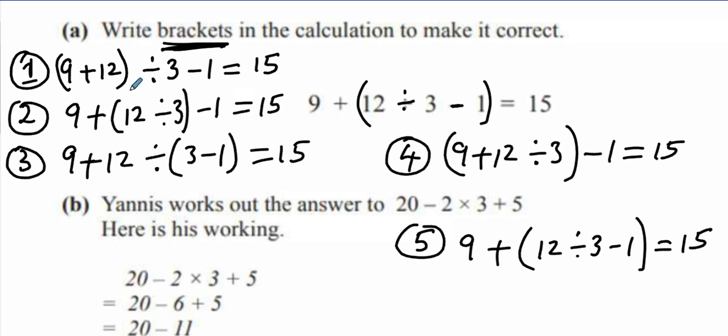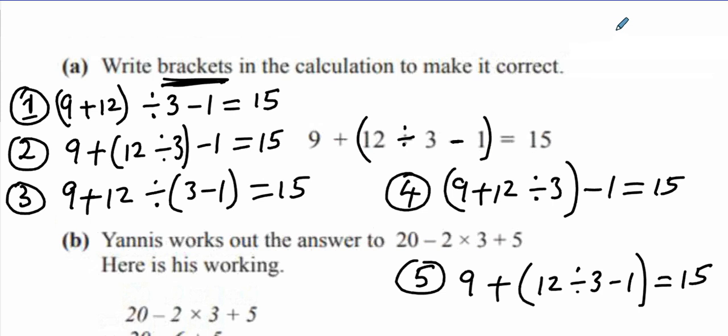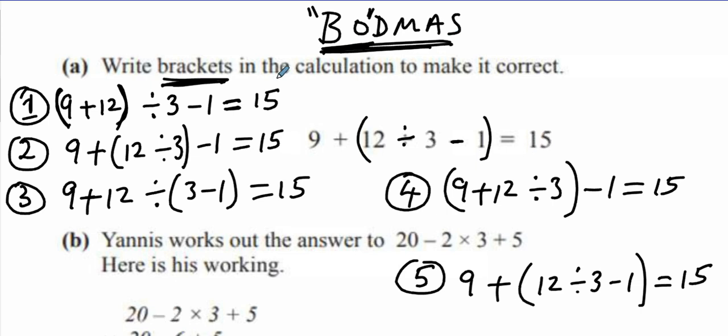Now let us start with the first possibility and see if it will give us something equal to 15. This is when we use the concept of BODMAS. What does BODMAS say? BODMAS says start with the brackets. Make sure that the brackets are opened first. So we have this operation here inside the brackets, and according to BODMAS that is where we start.